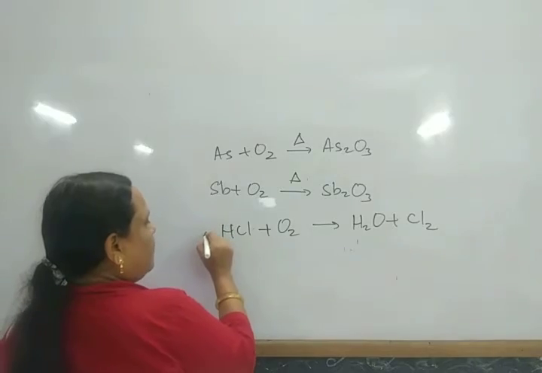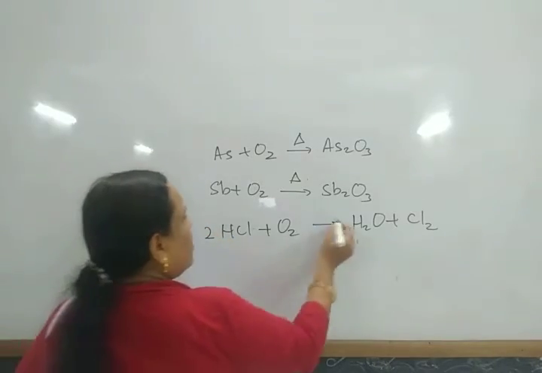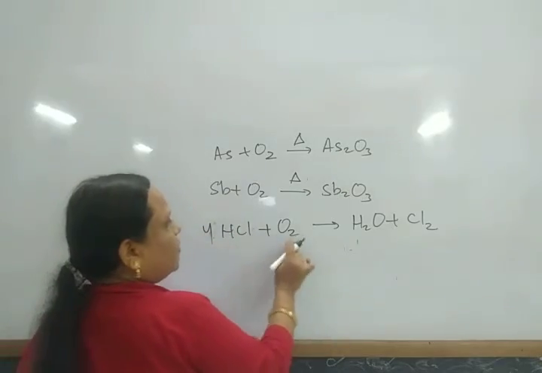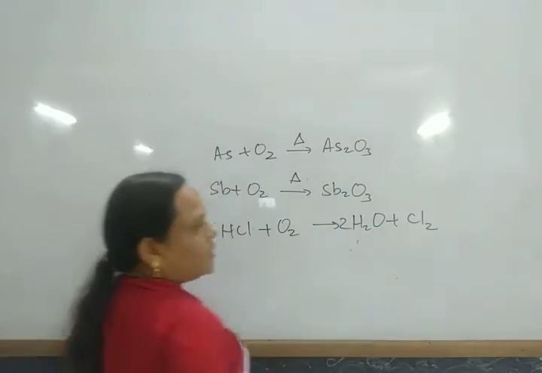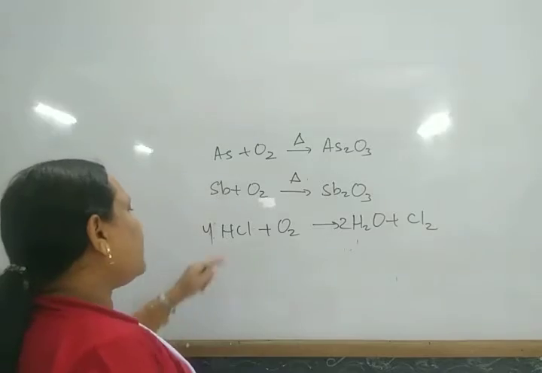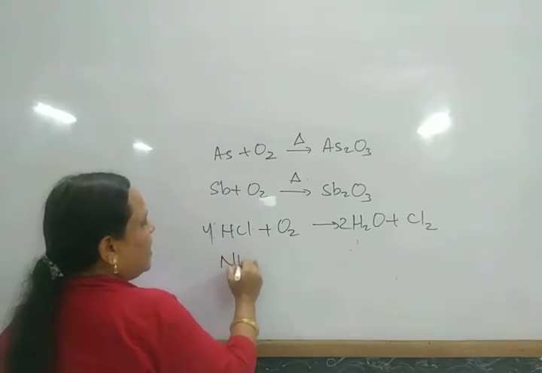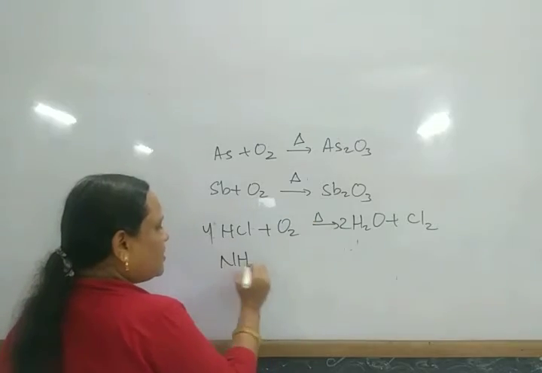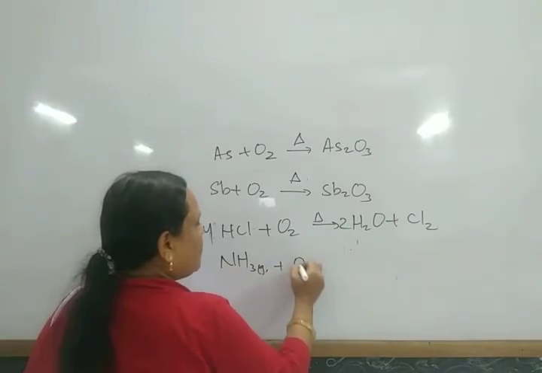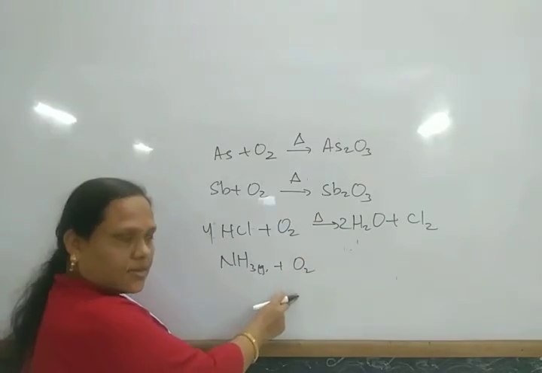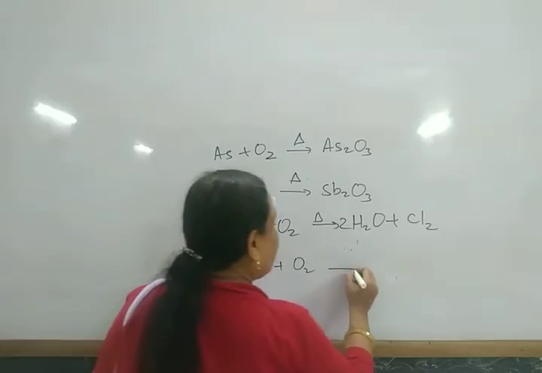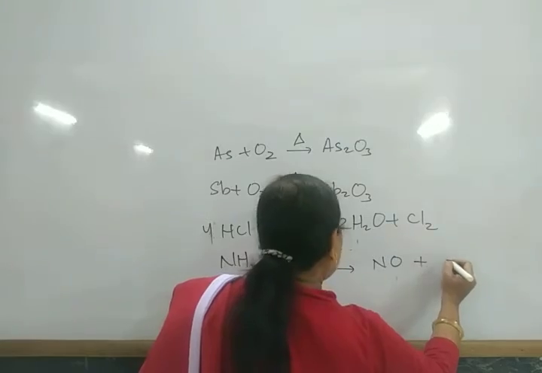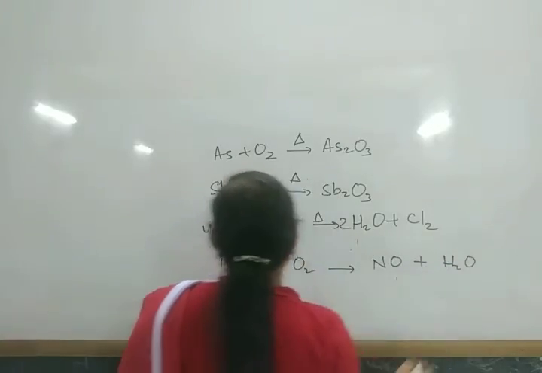So in this way, 4HCl plus O2 gives 2H2O plus 2Cl2. Similarly, it oxidizes ammonia gas. When ammonia gas undergoes oxidation in the presence of oxygen and a platinum catalyst, it forms nitric oxide and water.